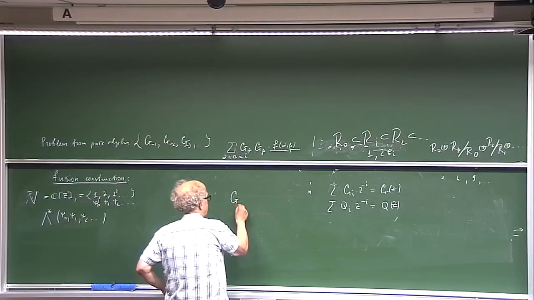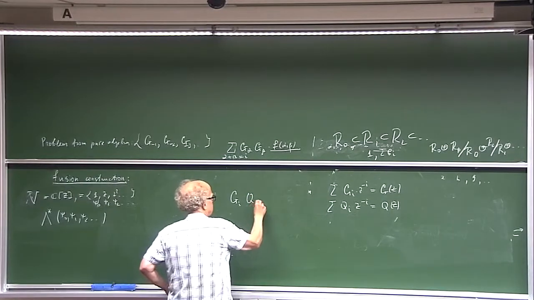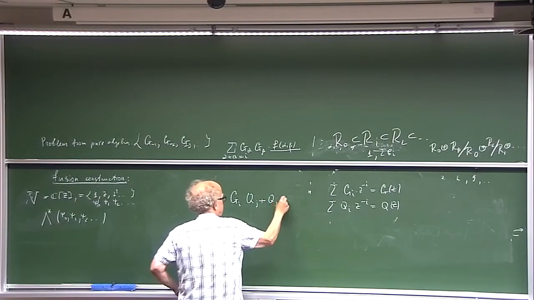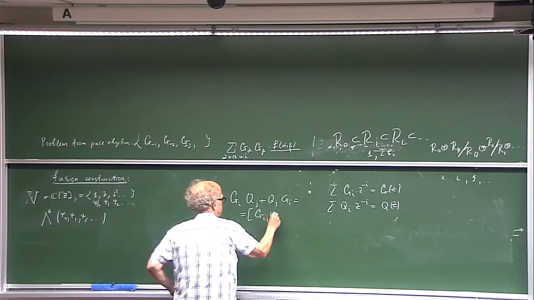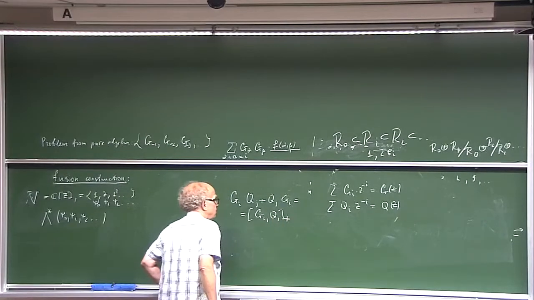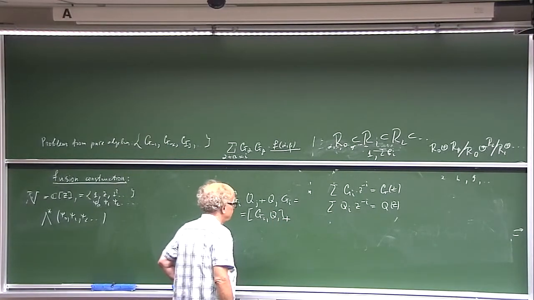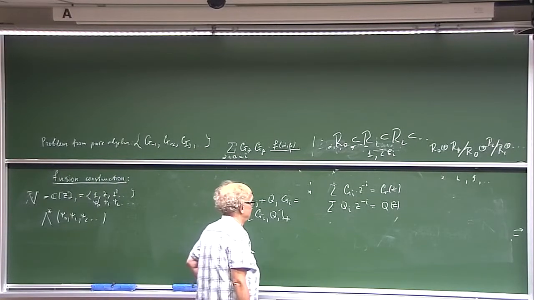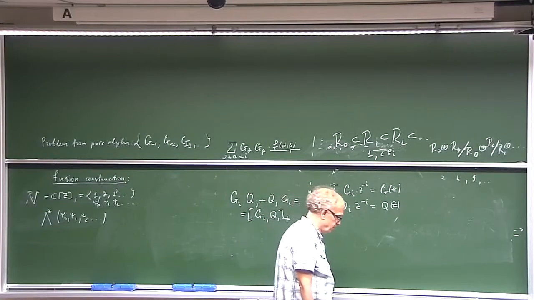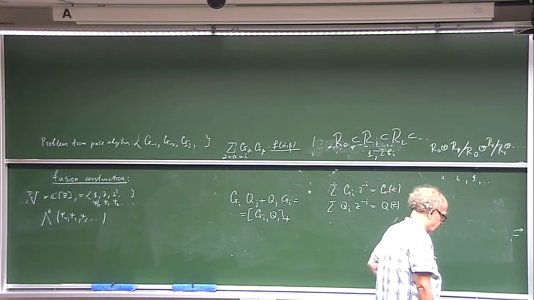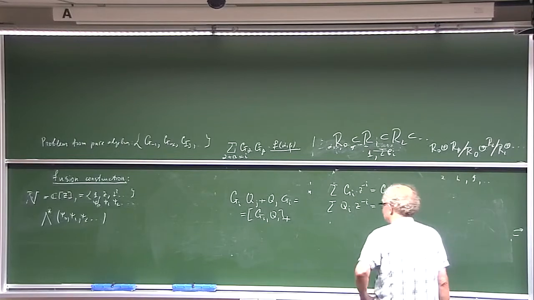I want to find out what is gi qj plus qj gi. And the answer is that using in principle any definition, it is possible to say what this is.